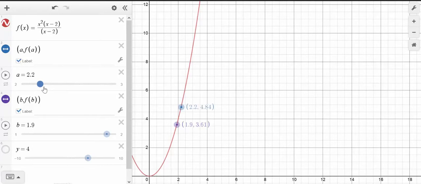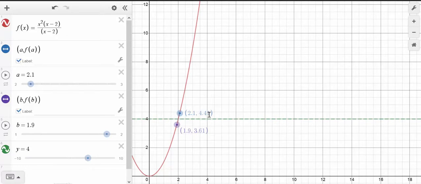And we just take note, okay, as x is getting closer and closer to 2, what is the y getting closer and closer to? I went ahead and put in y equals 4, a little horizontal line here, so that we could see. But just looking at these numbers, we're closing in on 4.